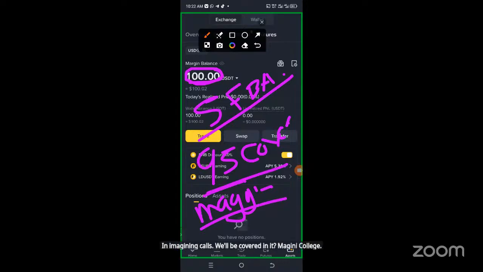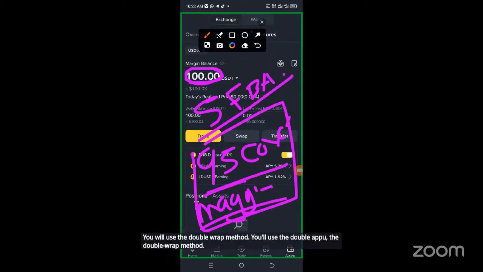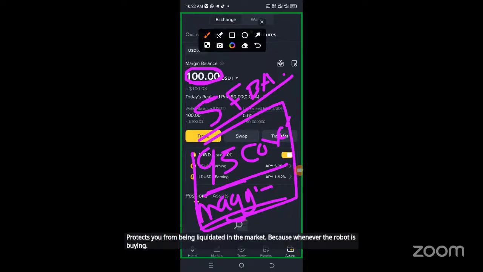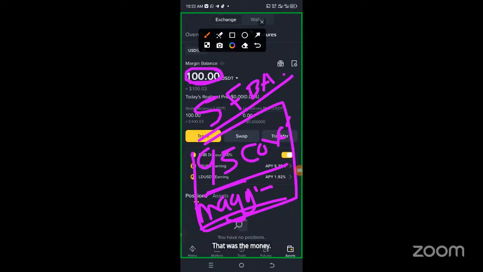In this way, using this method, when trading, you will use the double up method. The double up method protects you from being liquidated in the market, because whenever the robot is buying, it doubles the money it puts in the market.